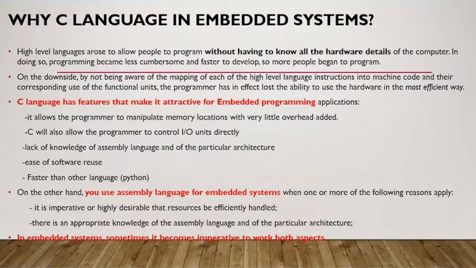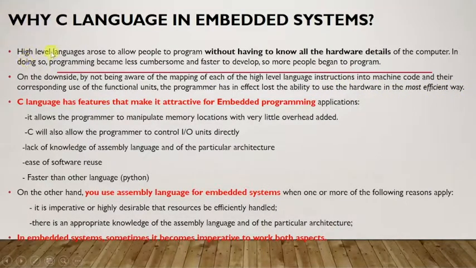A high-level language allows people to program without knowing the hardware details. Programs become faster and easier to write when using a high-level language. But on the downside, when we don't know everything about the hardware, and how the high-level language instructions turn into machine code and their corresponding use of functions, the programmer in effect loses the ability to use the hardware in the most efficient way.